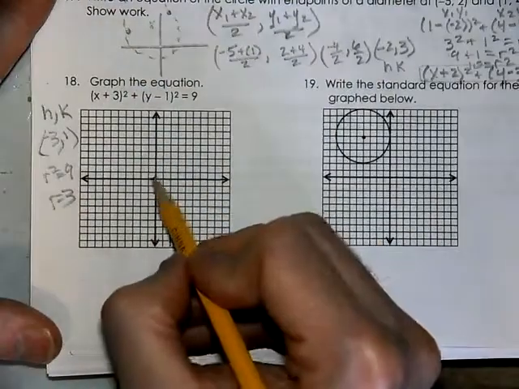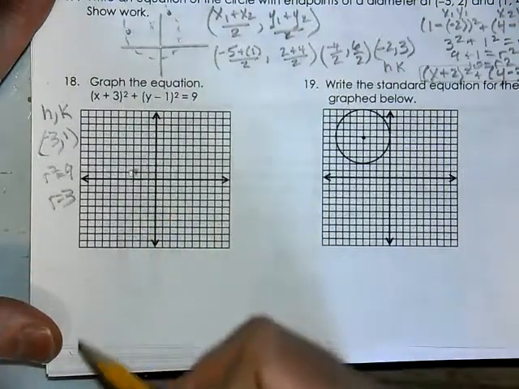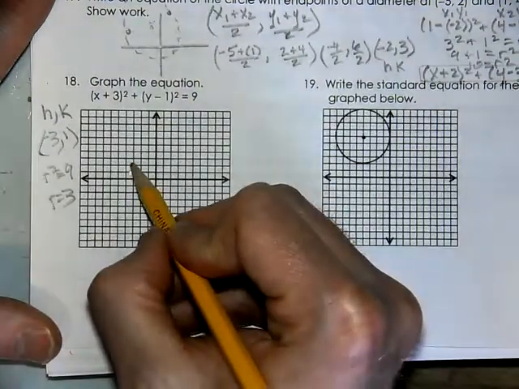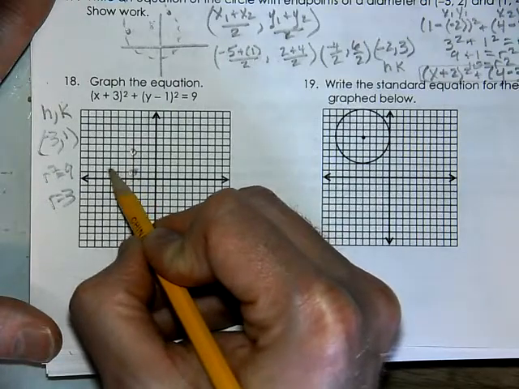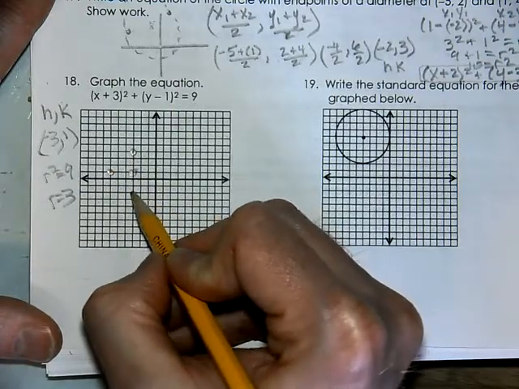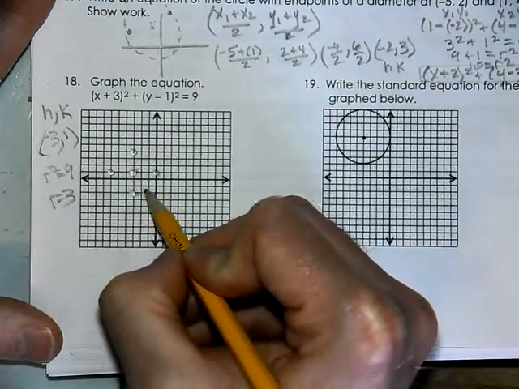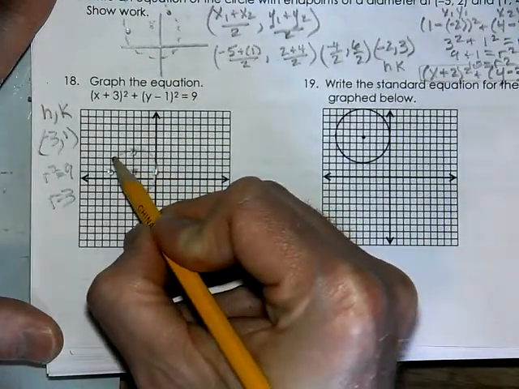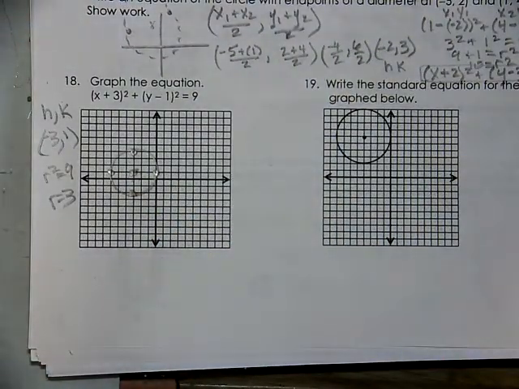So we have the center at (-3, 1) with a radius of 3. So we go up 3, to the left 3, down 3, to the right 3. And that would be our circle that matches that equation.